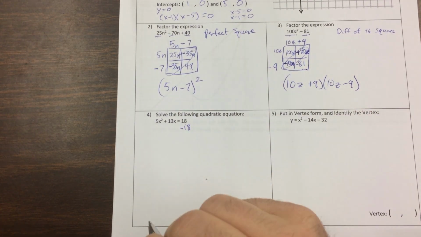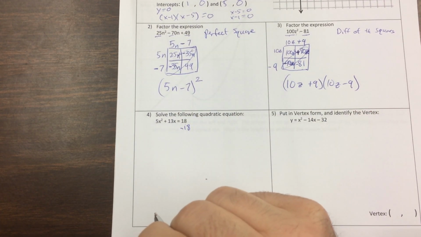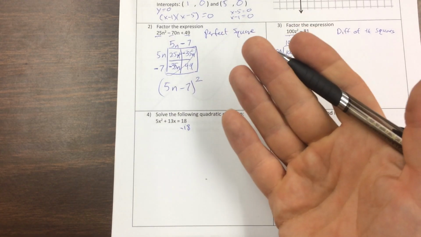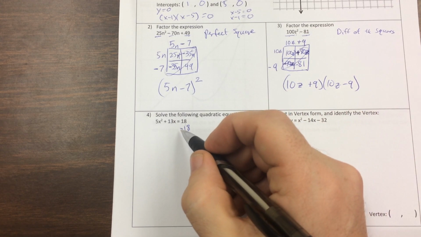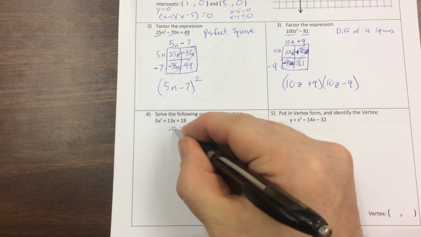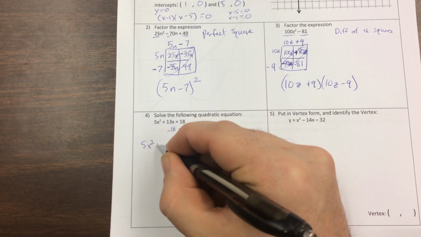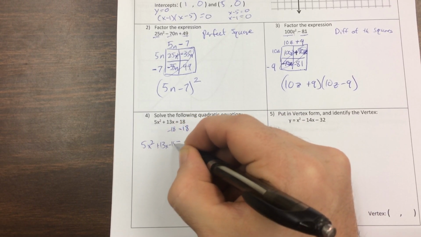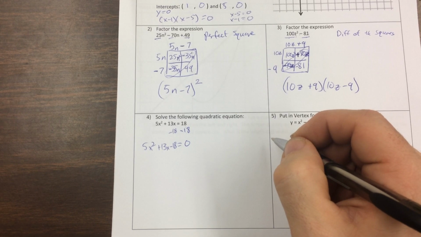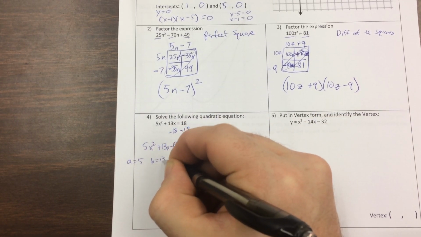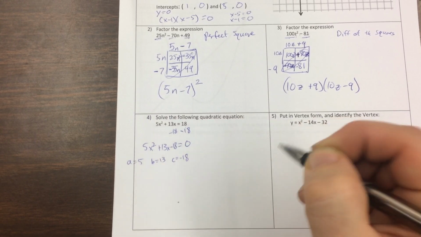Whenever we're solving a quadratic equation, if we're factoring or using the quadratic formula, we need to start by making sure everything is equal to 0. So 5x squared plus 13x minus 18 equals 0. Then we have a equals 5, b equals 13, c equals negative 18.